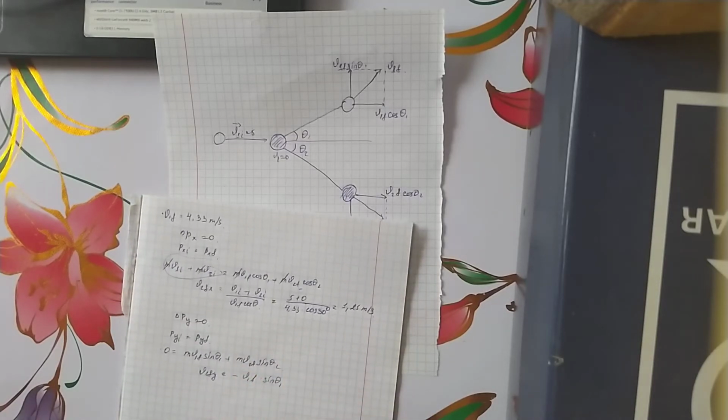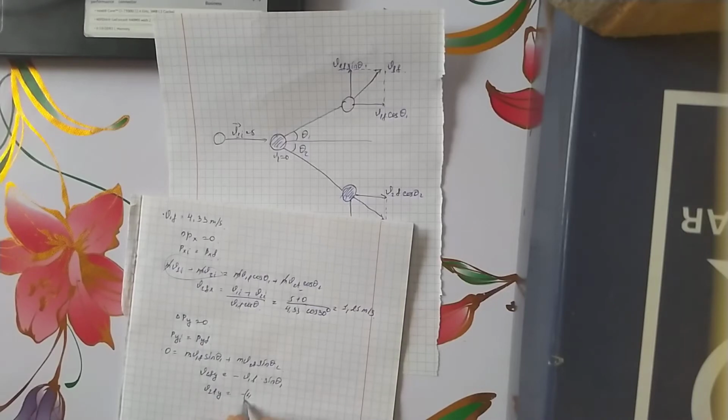Substituting numerical values, v2 final y component equals minus 4.33 sine 30 degrees, equal to minus 2.16 meters per second.